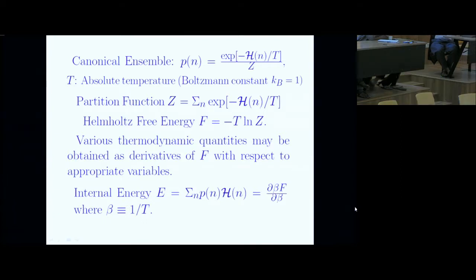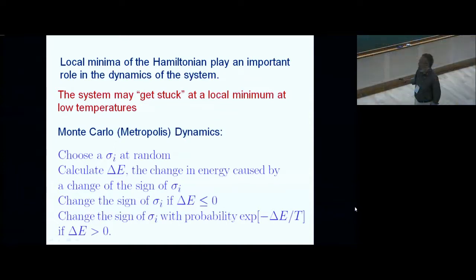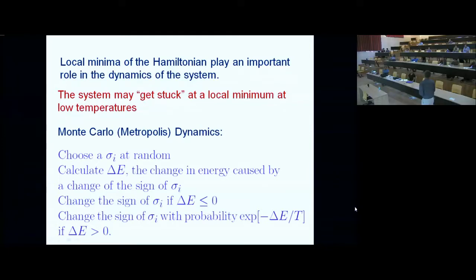Here one actually allows flips which increase the energy, but it occurs with a probability related to how much the energy is going to change, and this parameter T. T going to 0 means you don't accept such moves at all. T very large means you accept such moves with high probability. So for a specific model or system, this temperature is often taken to be a measure of some kind of noise in the underlying dynamics.